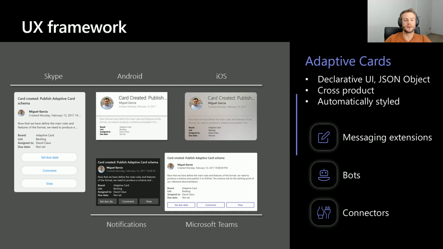One of the major advantages is that it's automatically styled. You just declare what needs to be on the screen, and the application will render the result. This way, your information will be rendered like it belongs to Microsoft Teams, for example. Adaptive cards are supported in messaging extensions, in bots, and in connectors. So you can use all 3 of them to put out an adaptive card for your end users.